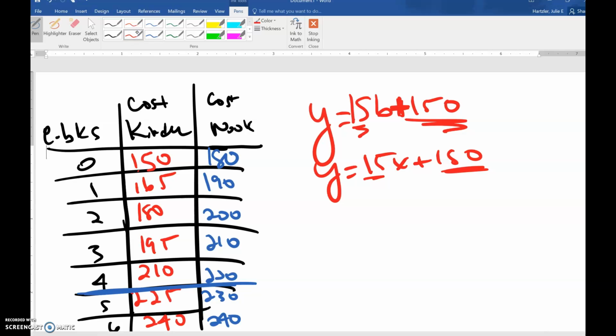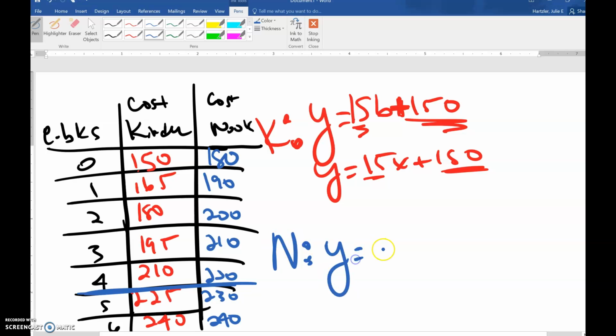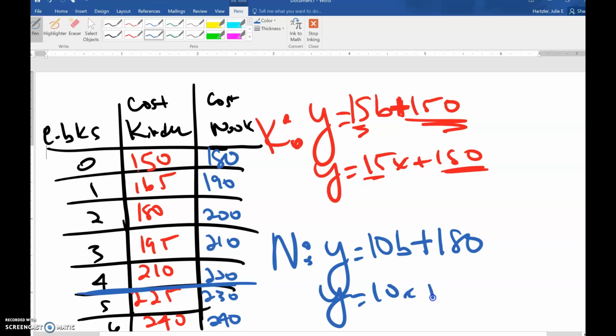So let me label this as the Kindle. All right, and let's see, I'm going to use a blue here. Okay, so then for the Nook, Y equals, so the ongoing cost is the books, which are, say, $10 here, and the starting amount was a little more expensive, so $180. And again, if you just want to use X's, that's fine. Just know you have a starting amount and a slope, and your slope is always your rate.